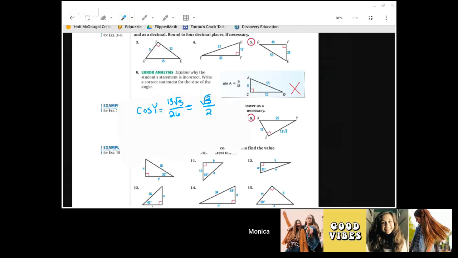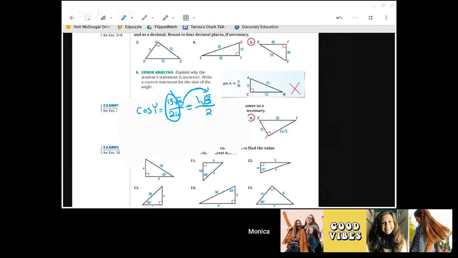Do you see that? So 13 and 26 reduce to be 1 over 2. And then the square root of 3 just stays the same.